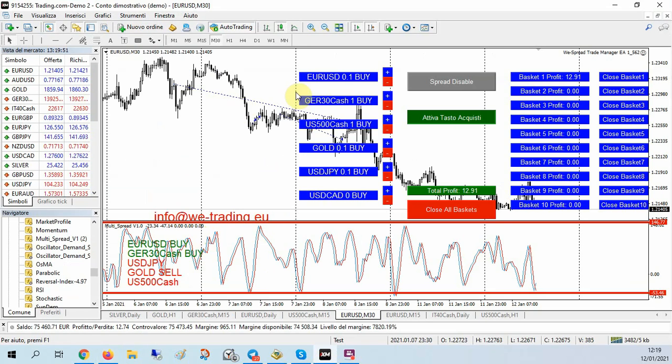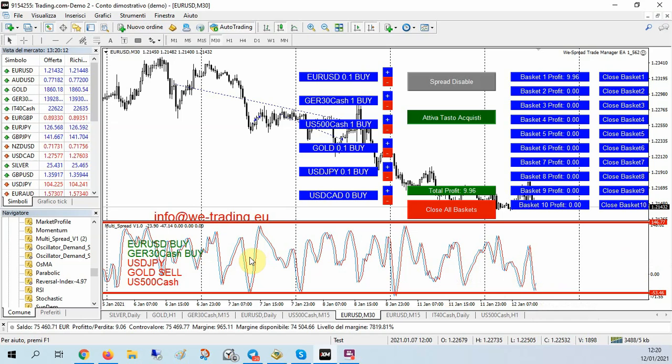For example, in this basket we will use euro dollar, DAX, dollar yen, gold, and SP 500. And as you can see, the price of Multispread is very low, near the lowest price.